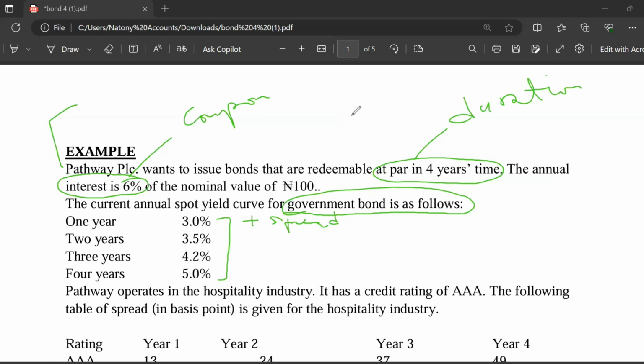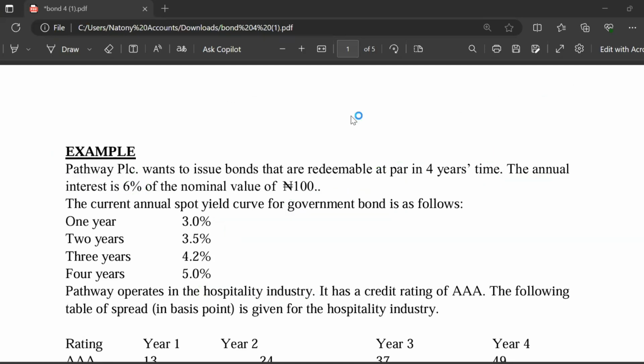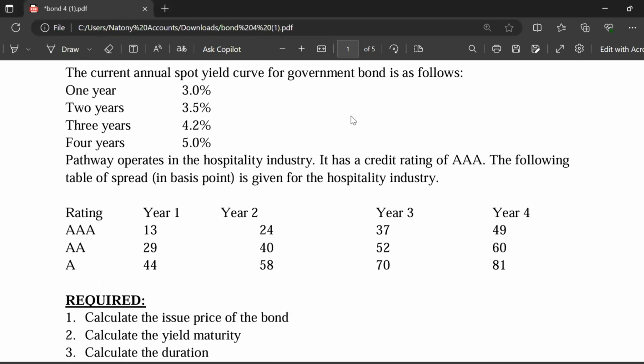Pathway operates in the hospitality industry. It has a credit rating of AAA. The following table of spread in basis points is given for the hospitality industry. So this is the table of spread for the hospitality industry.